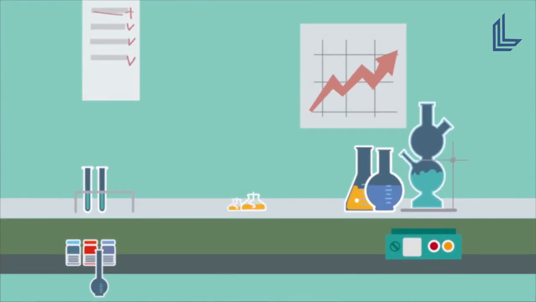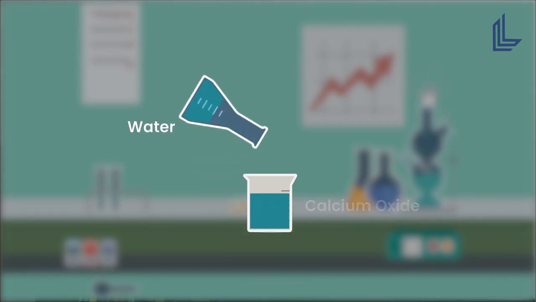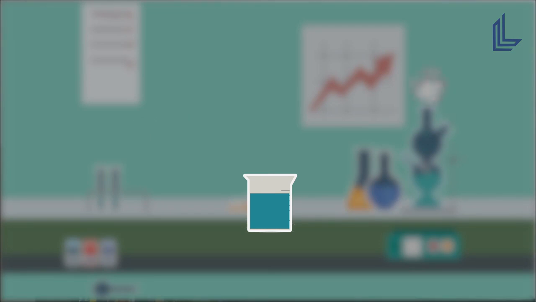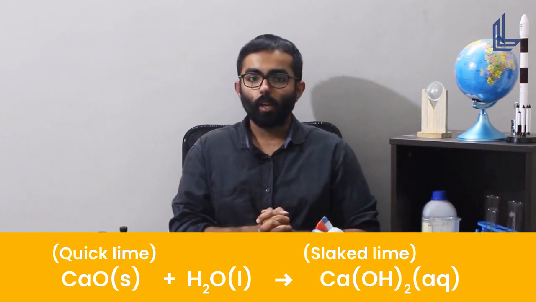Now, let us just quickly take an example. Let us take some calcium oxide in a beaker and let us slowly add water to this. Now, what do you observe? What you will observe is that calcium hydroxide is formed in this reaction. So, calcium oxide reacts with H2O, giving us calcium hydroxide.